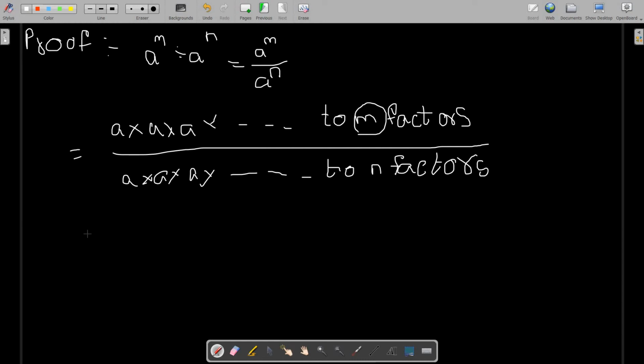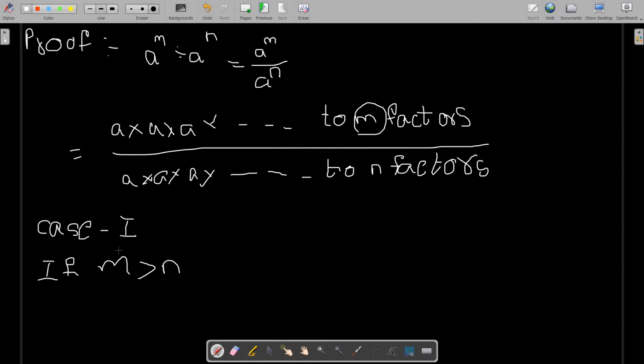We know this. There are two cases in this division property. Case 1: if m is greater than n, that means m is the biggest number and n is the smallest number. If m is the biggest number, we subtract the powers, m minus n, and we get the answer.